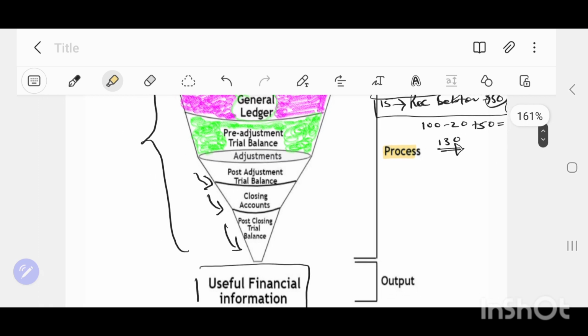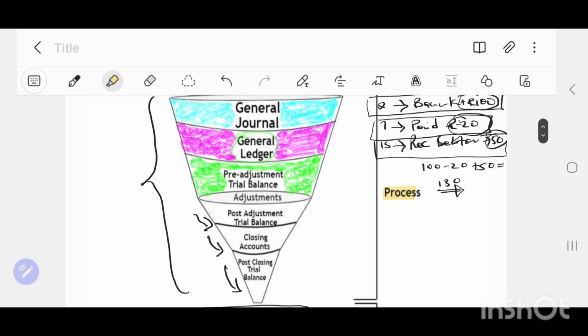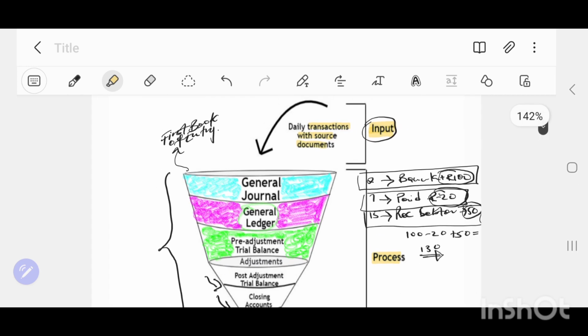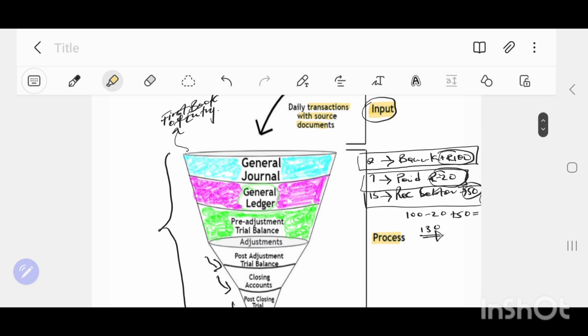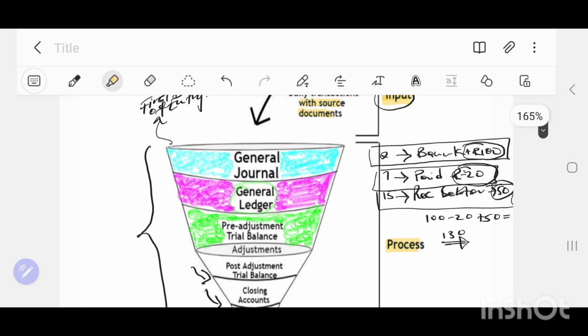That's what the conceptual framework said last week. How do we produce this useful financial information? By taking our transactions into the accounting process. Because when we take them into the accounting process, we are converting the data into information.